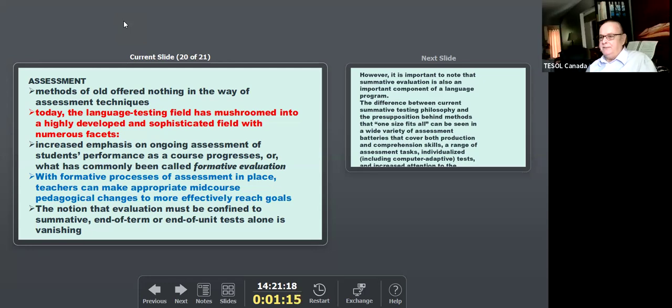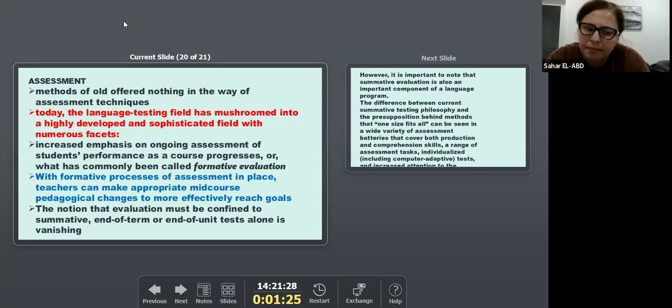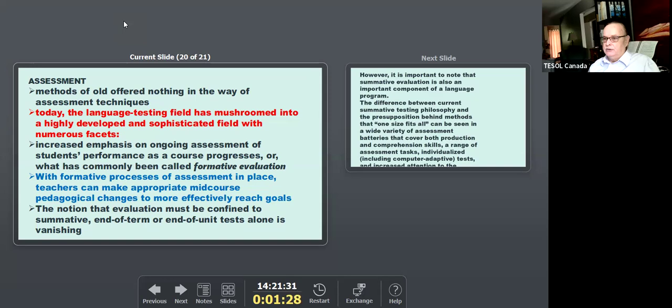A computer adaptive test is one where the computer asks the student a question, and after asking several questions, if the student gets all of those correct, then the computer will start asking more difficult questions or change topics.